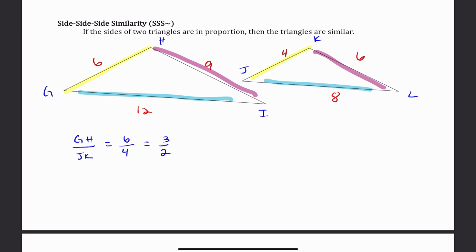And this is in yellow. And then if I look at this color to this color, HI corresponds with KL, so that's 9/6. What goes into 9 and 6 at the same time? 3, so that's 3/2.